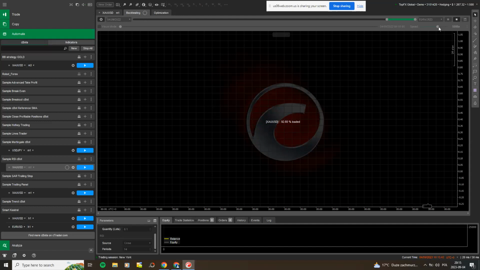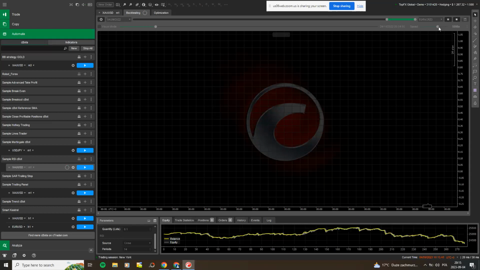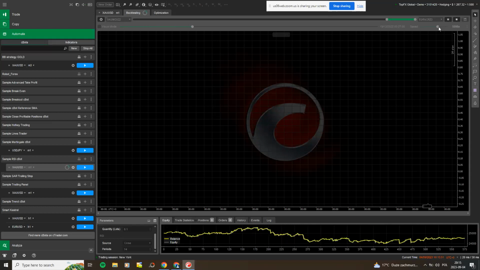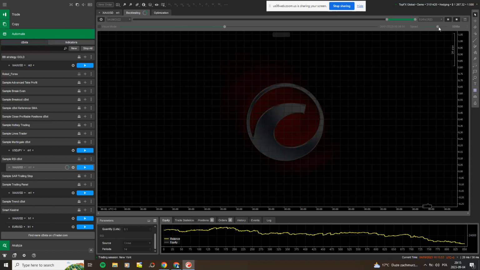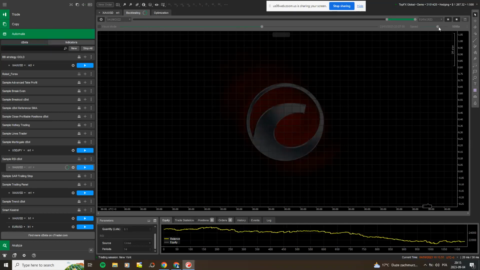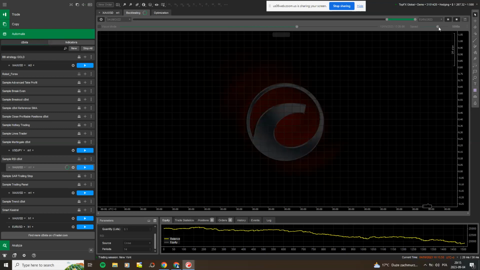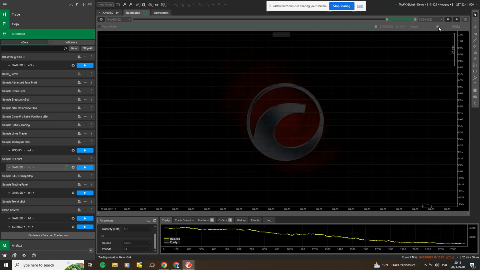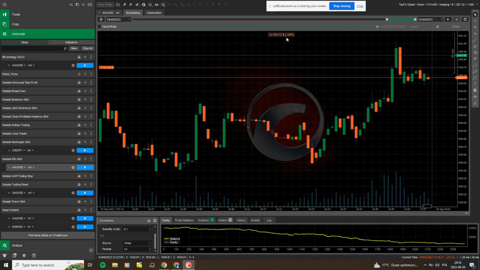When we have positive results, we will start the optimization. Any positive result is good enough. Let's see what is going on here. Minus 35%. This is an absolute disgrace.